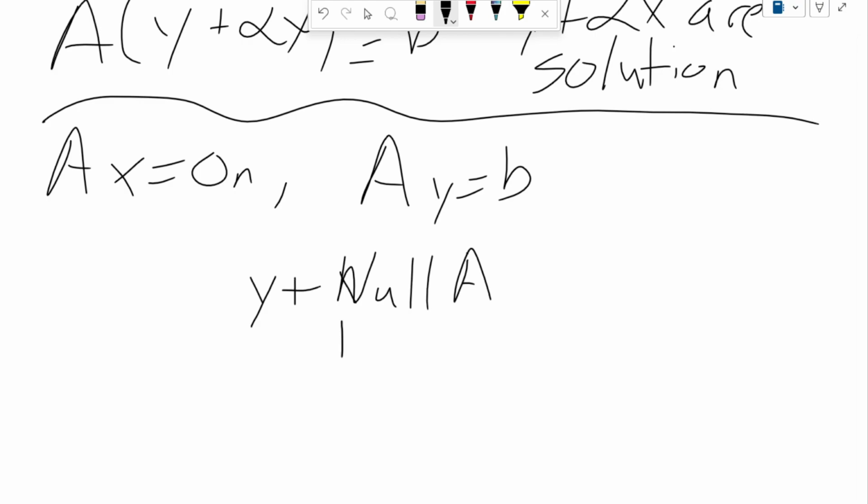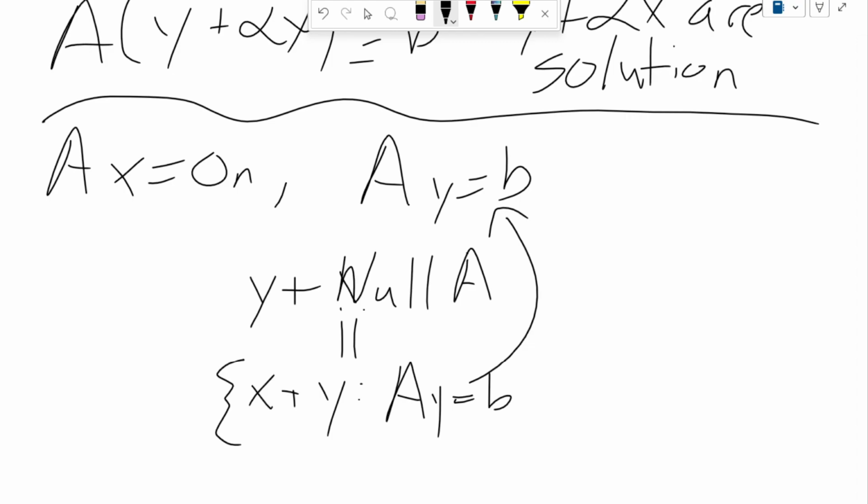So what do I mean by this set here? Well, we're going to define this set to be equal to the set of all sums x plus y, where y is exactly what we were talking about. So Ay equals b, up here. Now we're not going to write that, but that's true.